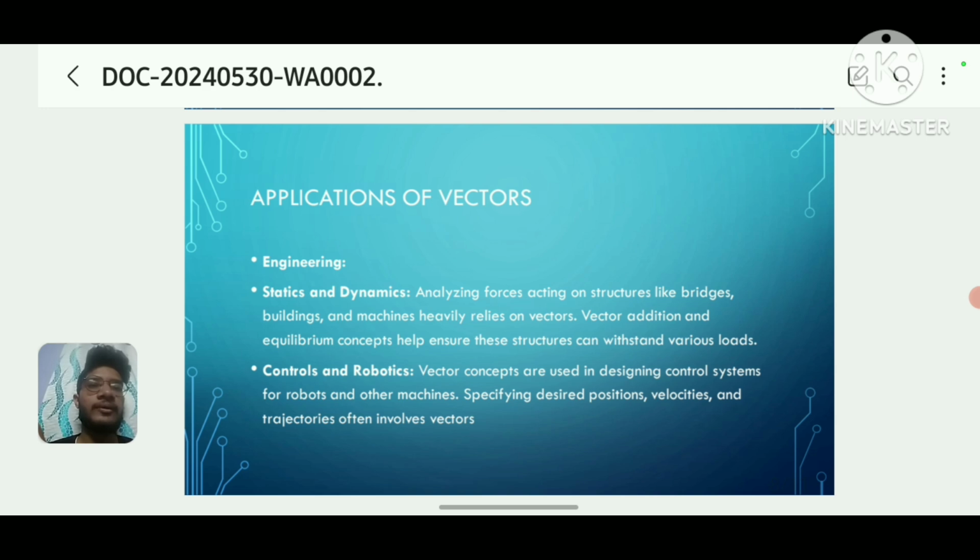Vector addition and equilibrium concepts help ensure these structures can withstand various loads. Controls and robotics. Vector concepts are used to design control systems for robotics and other mechanisms, specifying desired positions, velocities, and trajectories.